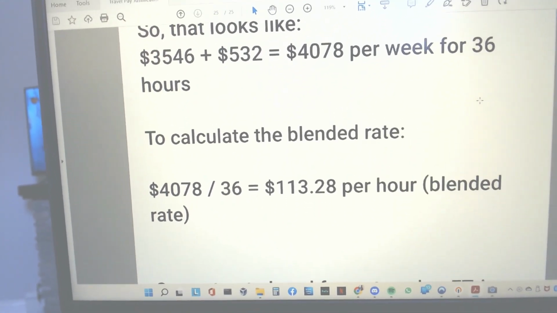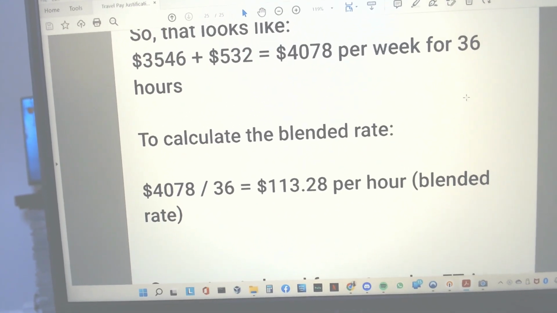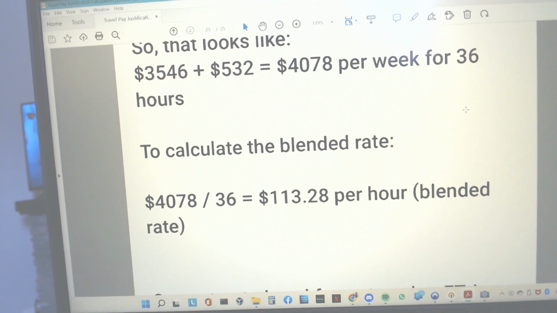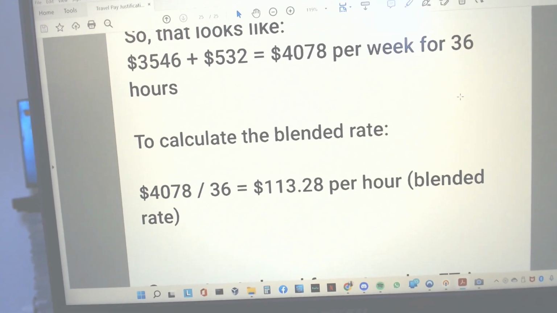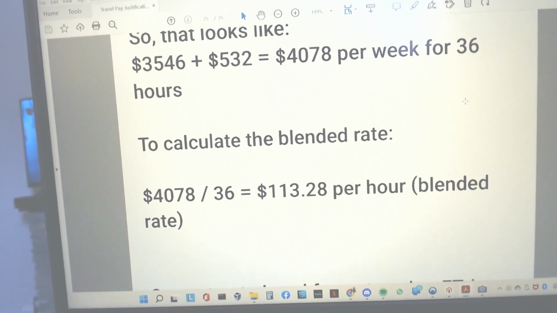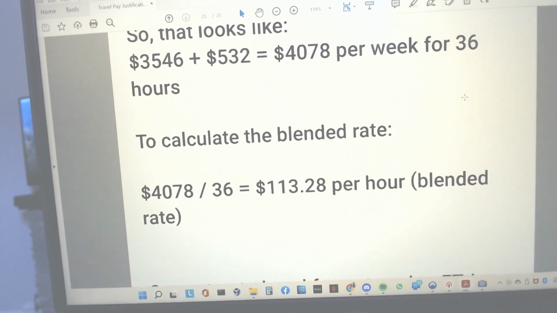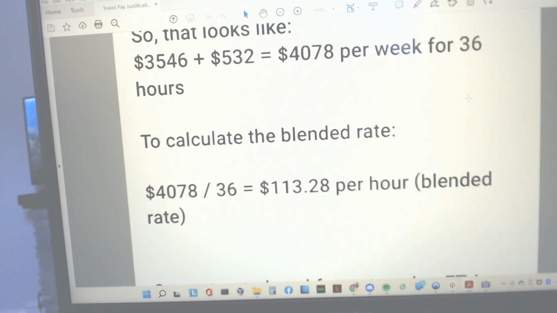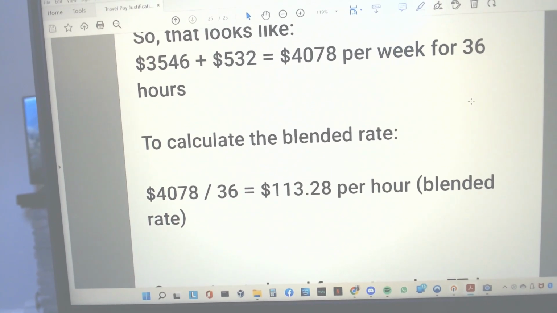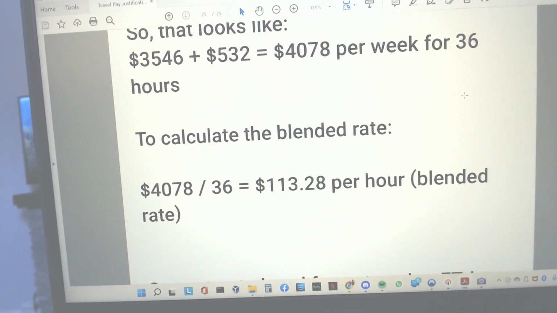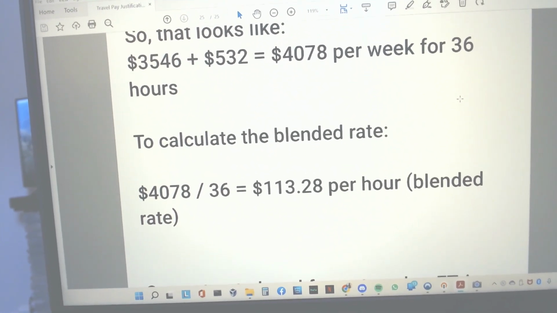A blended rate, mind you, I'm speaking all in gross here. Everyone's taxes are how you make them, okay? That depends on every different situation. Single, married, with children, how many children, all of that. So your taxes are your business. So this is all based on gross.